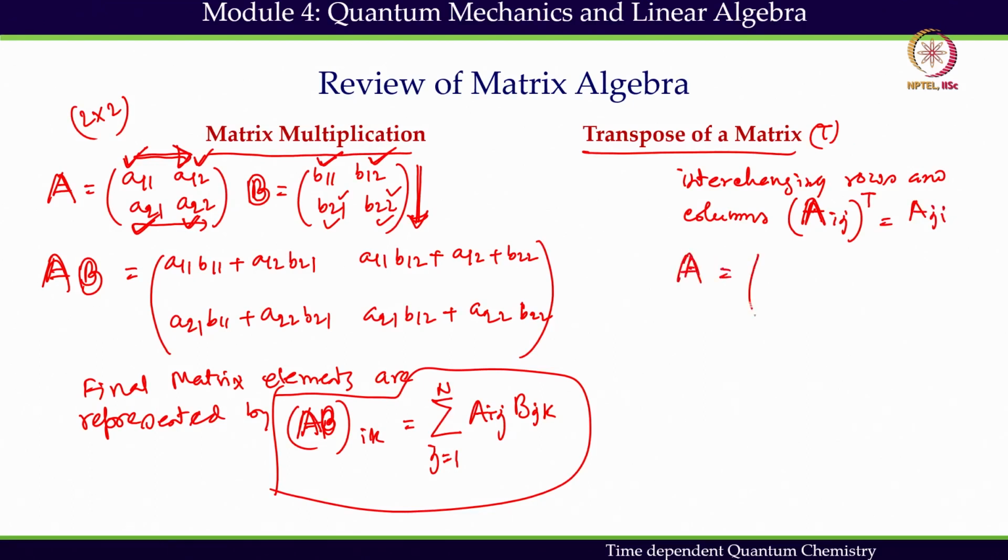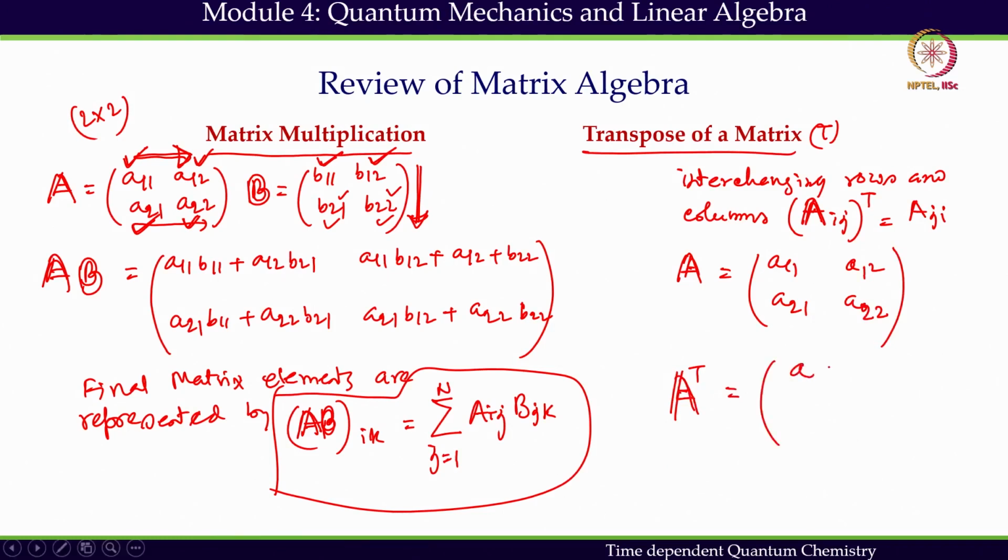If I have a matrix with A11, A12, A21 and A22, then the transpose of the matrix is given by this.